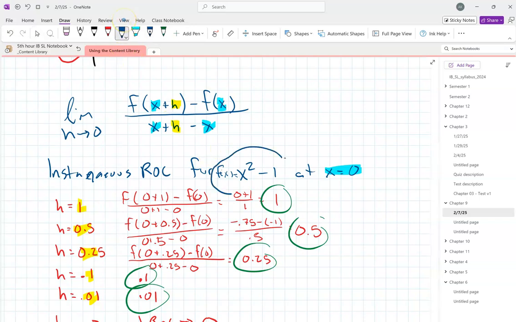So our function f of x is x squared minus 1. So when I'm plugging in 0 plus 1, it's just going to be 1 squared minus 1. That's where I got the 0 from. And then I have 0 squared minus 1, so minus a negative, that's where the plus 1 is coming from. I tried to pick numbers where it was going to be easy to do it in our head.